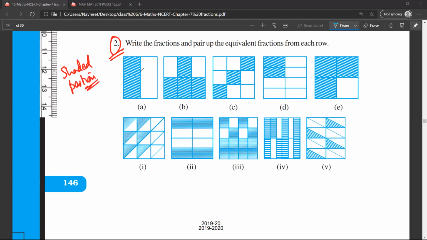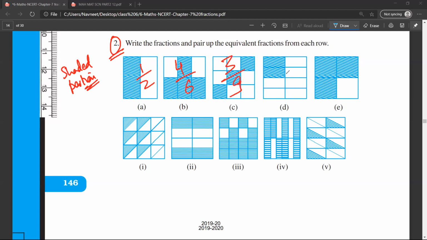So I can write this in the form of a fraction as 1 by 2. This would be equal to 4 by 6. Perfect. This would be equal to 3 by 9. Perfect.